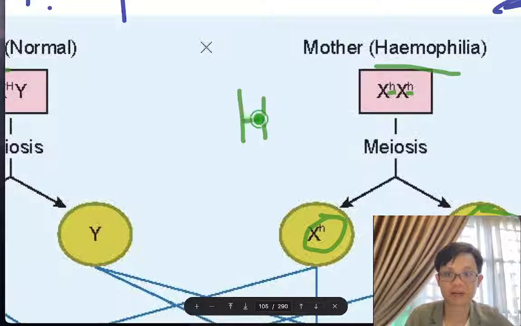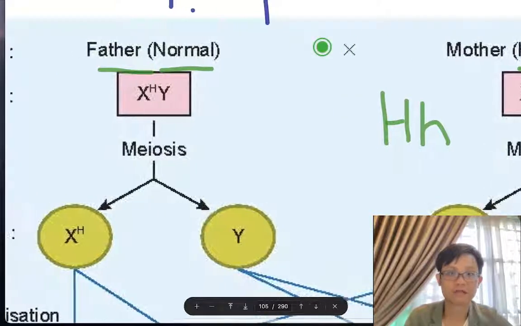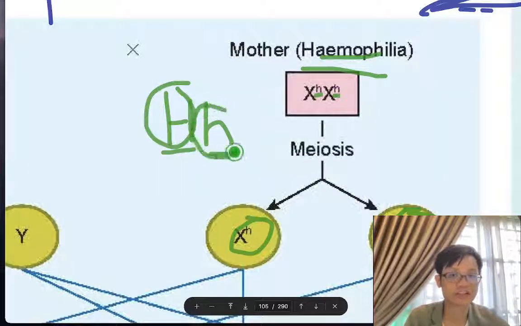We already went through it many times. Because big H is normal, and small h is hemophilia. So big H is normal, small h is hemophilia. And of course, big means dominant gene, small means recessive.